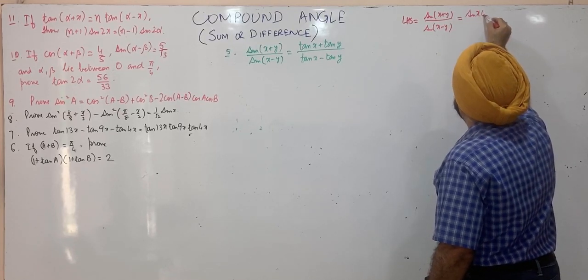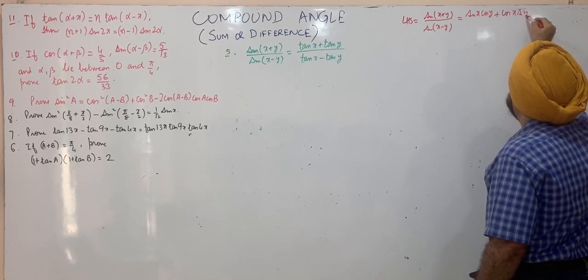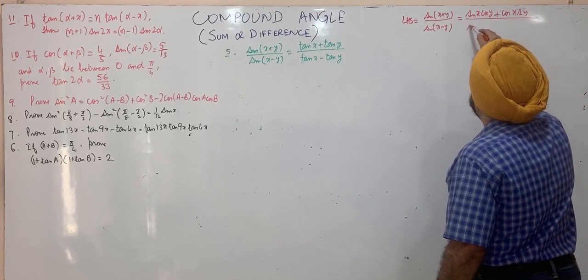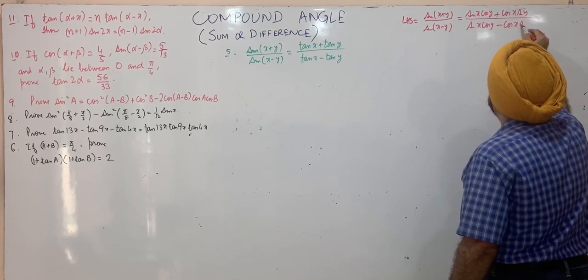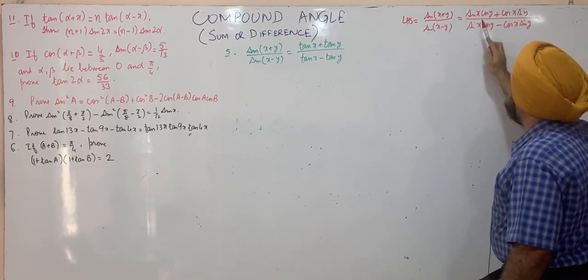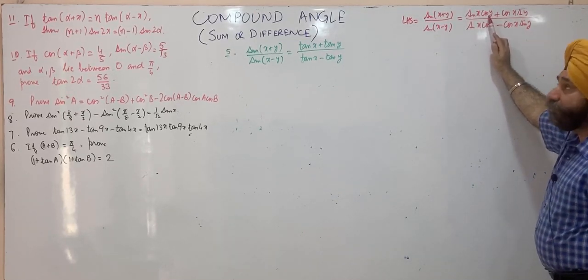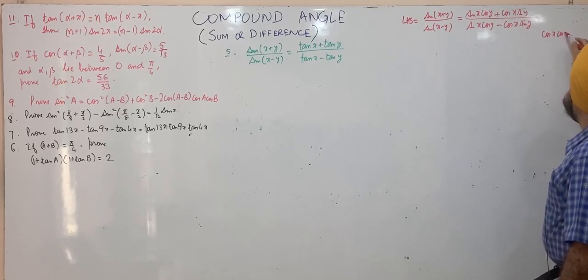This is sin x cos y plus cos x into sin y, over sin x into cos y minus cos x into sin y. Now we want tan x here. How do we get tan x? We divide by cos x into cos y.